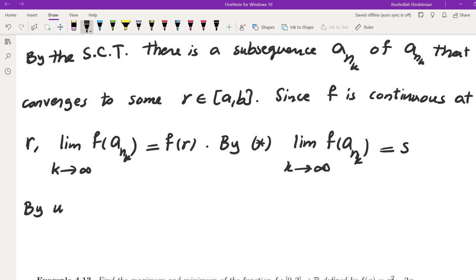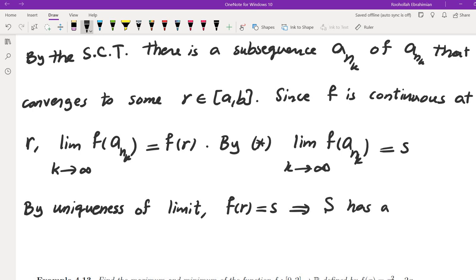And then by uniqueness of limit, f of r must be s, and that is why s has a maximum value.